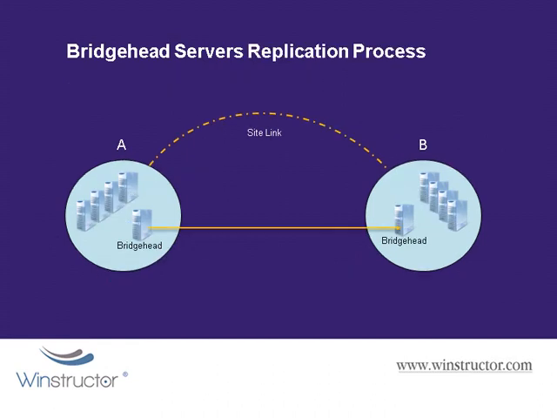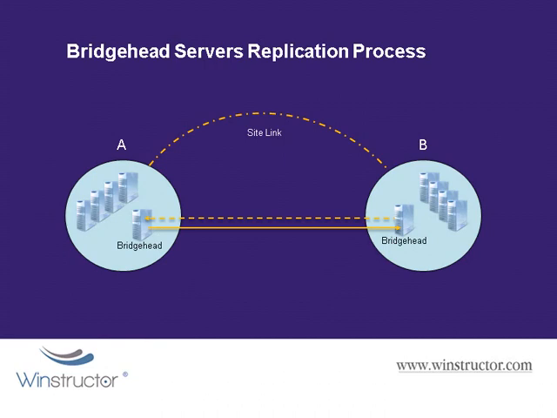Now, bridgehead servers replicate data in the following way. The bridgehead server in site A polls the bridgehead server in site B to find out if site B has any updates. And it'll poll the server in site B according to the replication frequency that's set out in the Active Directory Sites and Services MMC.